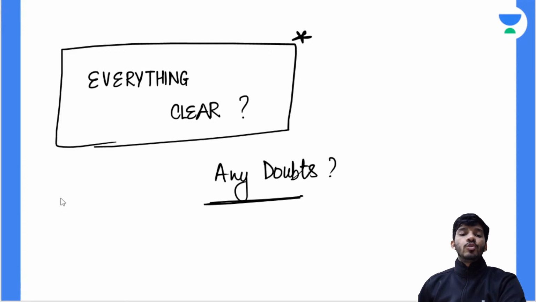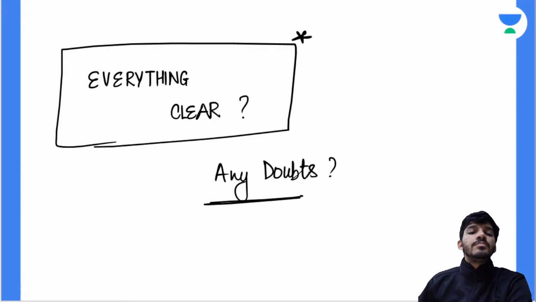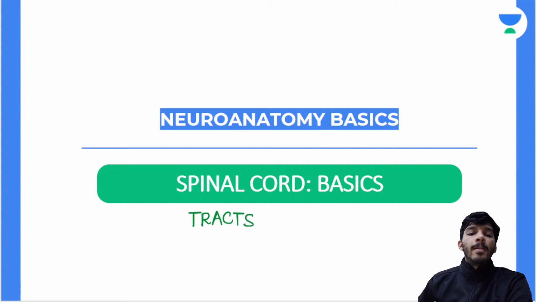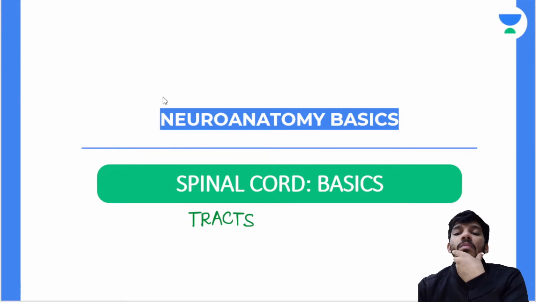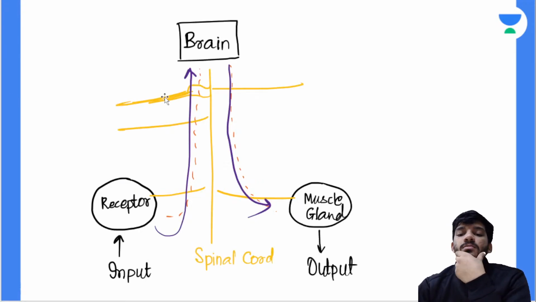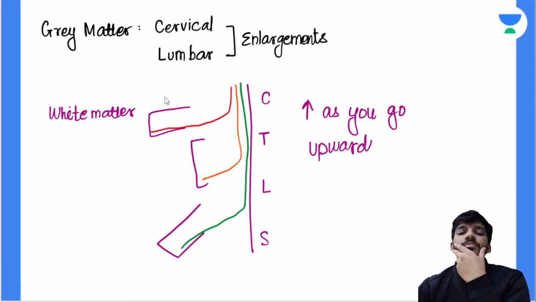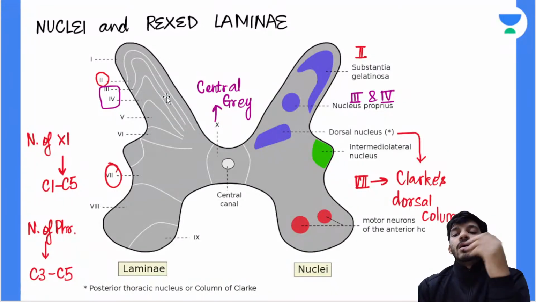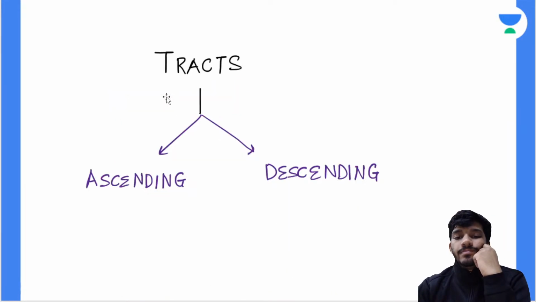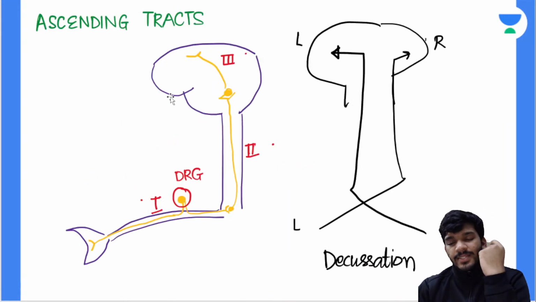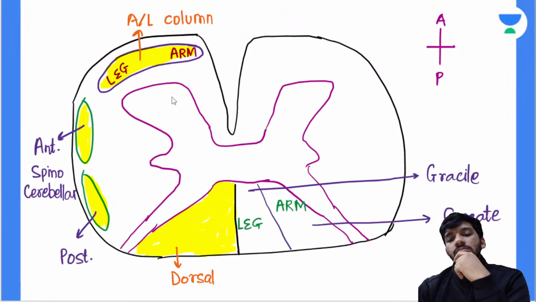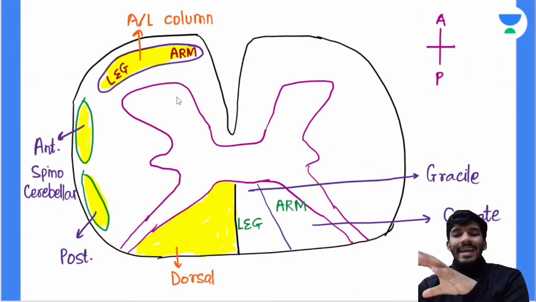Let me just quickly go through everything once more for you all. The internal structure, the nuclei and the Rexed laminae, the ascending tracts, this diagram to draw.